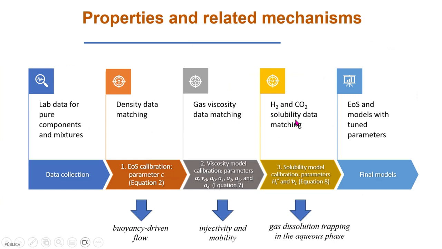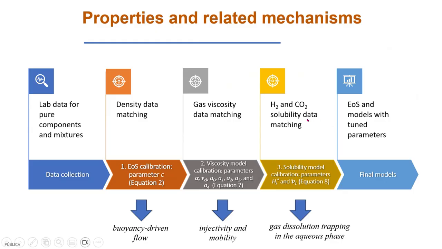And I think the novelty for this part is the solubility data. Especially for CO2, because of the affinity between the CO2 and the water or brine, part of the CO2 can go into the aqueous solution.